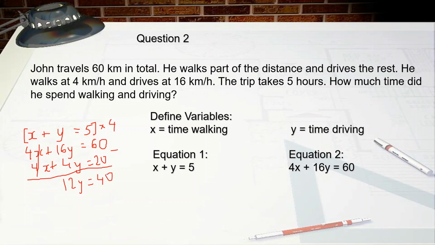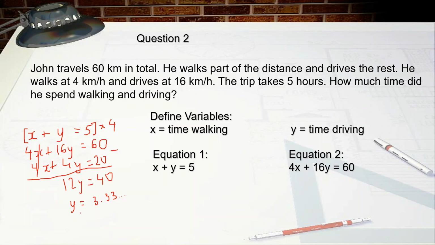And so 40 divided by 12 is 3.333, which will actually give us a recurring decimal, so it goes on and on, so 3.33 hours. Now we simply substitute this.